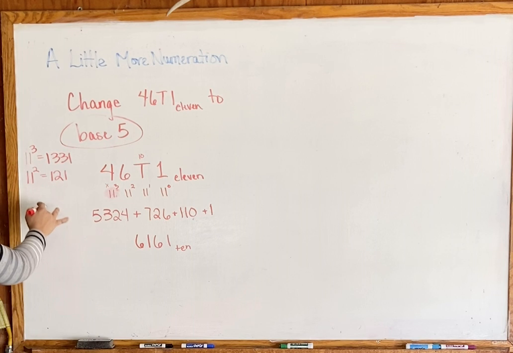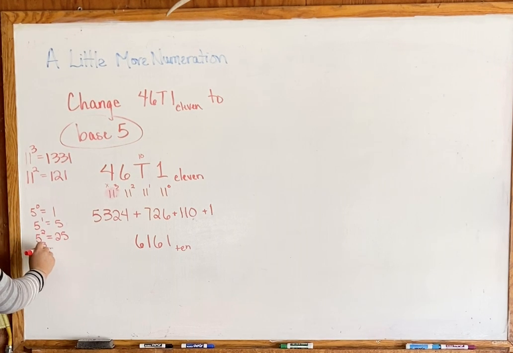Over here to the side again, I'm going to write some powers of 5. So 5 to the 0 is 1, 5 to the 1 is 5, 5 squared is 25, 5 cubed is 125, 5 to the 4th is 625.